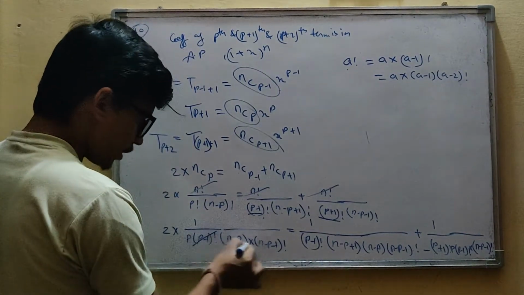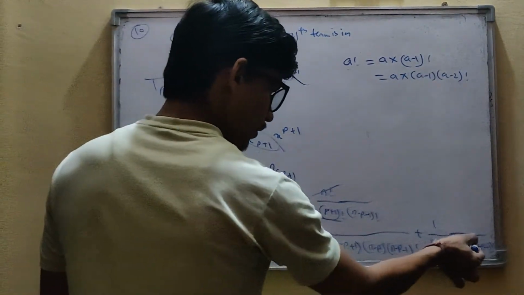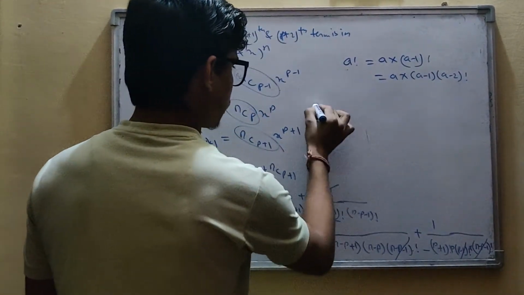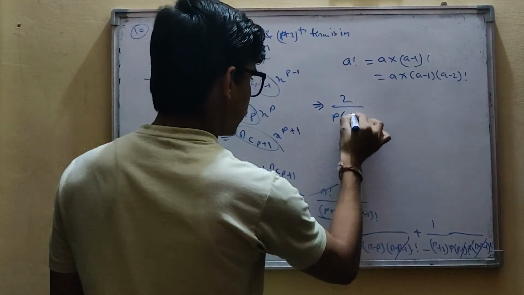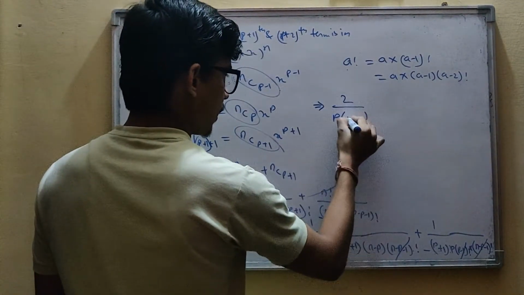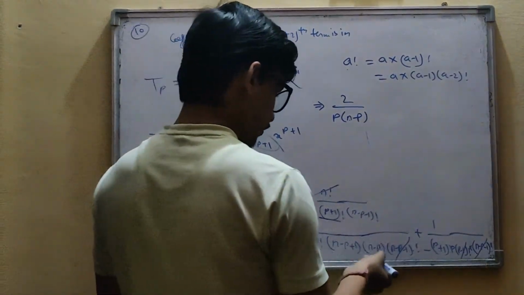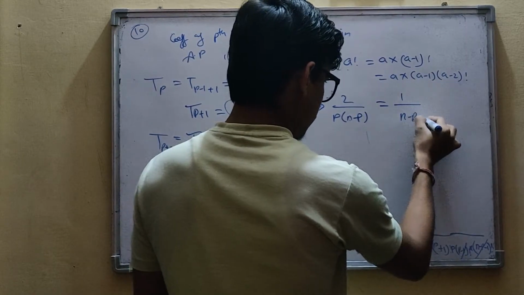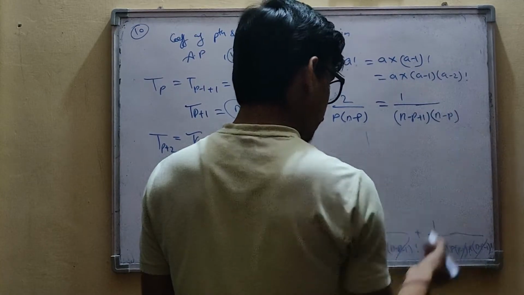The p minus 1 factorial from here and here, and the n minus p minus 1 factorial from here and here will cancel out, and the expression becomes like this: 2 upon p into p minus 1, p into n minus p, right? And the other one is equal to 1 upon n minus p plus 1 into n minus p.